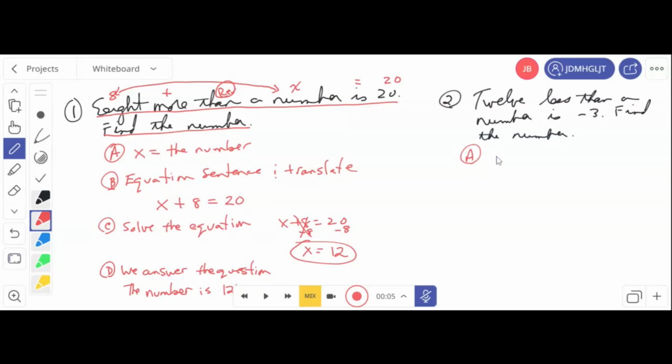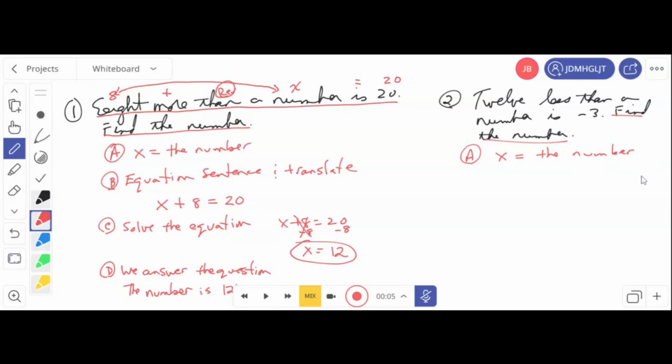Okay. First thing we do is define the question and the variable. So it says find the number, so we're going to say x is equal to the number. You might say, well, that's silly to write that. Well, it's going to be important even on this sheet when we get to the other problems.